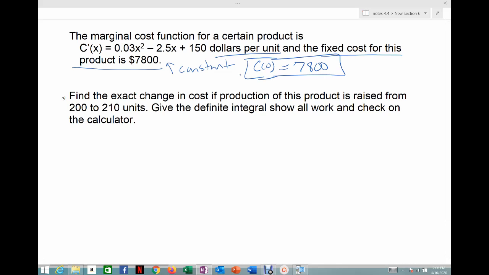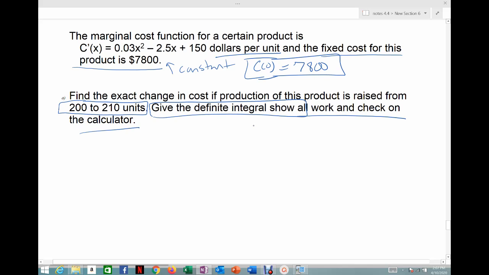Find the exact change in the cost if the production was raised from 200 to 210. Give the definite integral, show all work, check on the calculator.